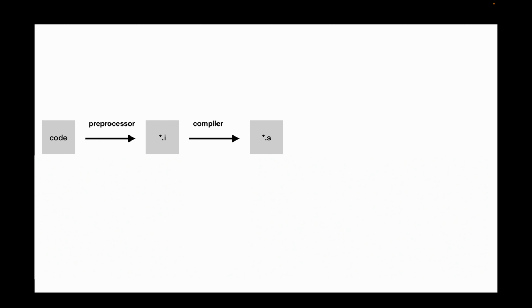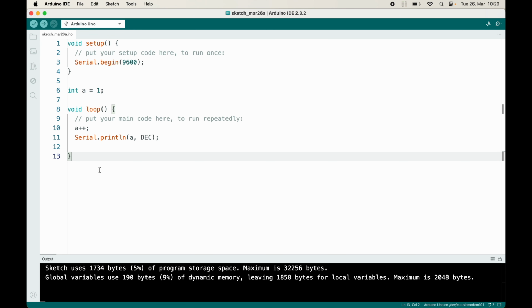Now the next step is the compiler, and the compiler translates the code into assembly language. The thing about this code you see here is Arduino can't execute this code. Arduino doesn't speak this language, in fact. Now some of you may say this is crazy, but this language is actually designed for humans to write code and not for the Arduino to understand our code.